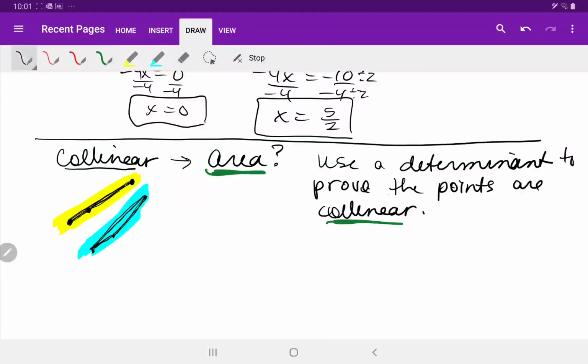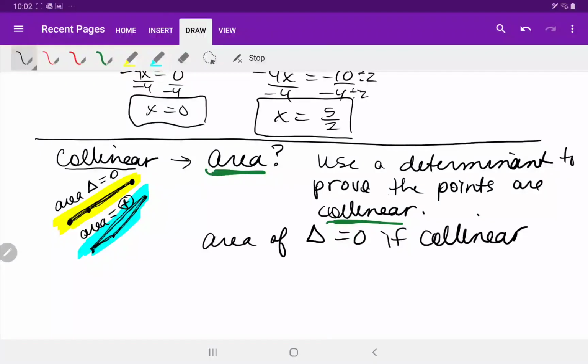What's the area of the yellow triangle? Now I don't know what the blue triangle is, but I know the area is positive. What's the area of the yellow triangle? It would be 0. So the area of the triangle is 0 if collinear.